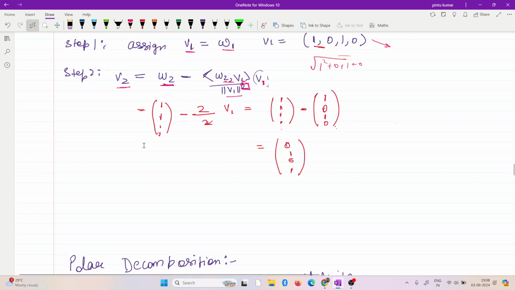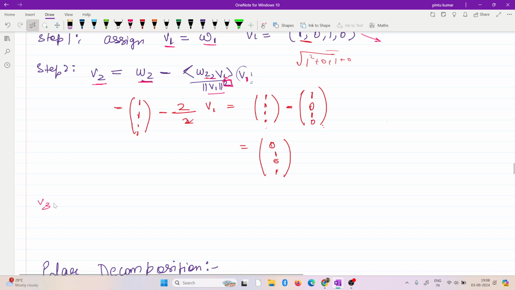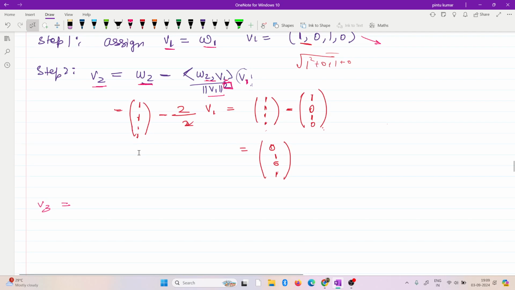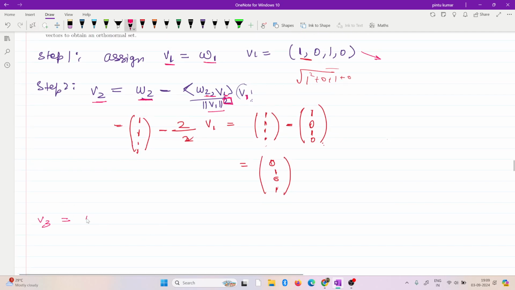Now, when you go for V3, you will have to subtract both these terms, one corresponding to V2, one corresponding to V1. So what you do is W3 minus W3's projection along the direction of V1.